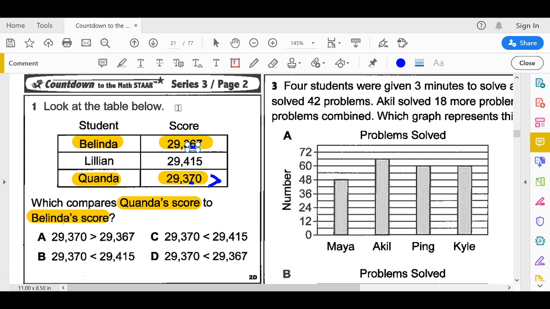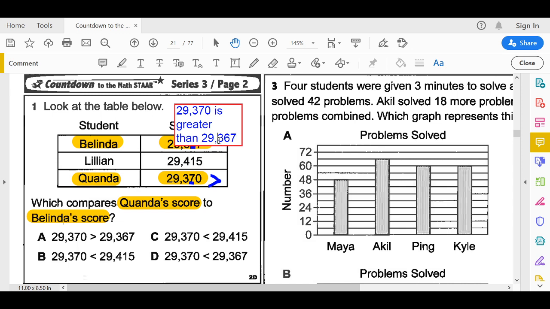Now we need to find an answer that says this: 29,370 is greater than 29,367.